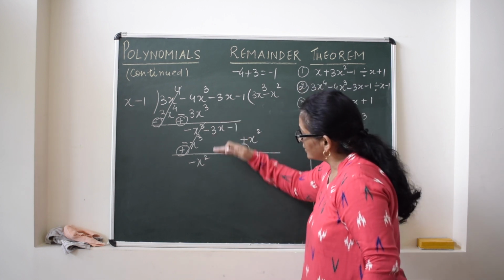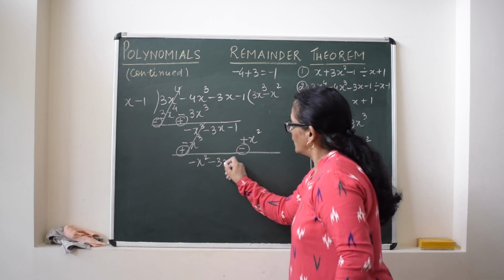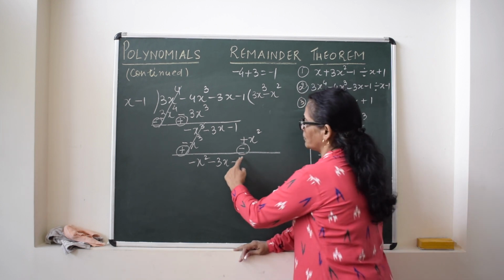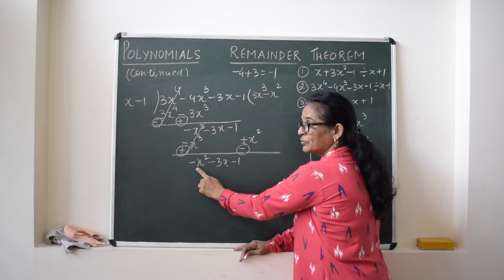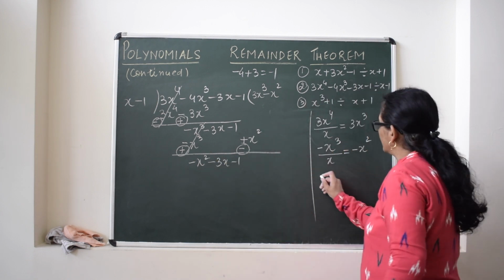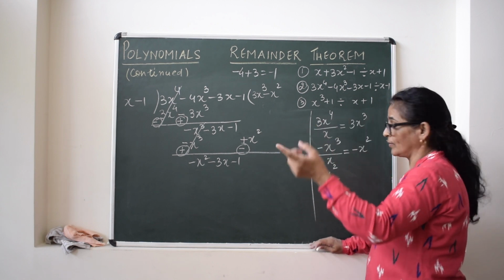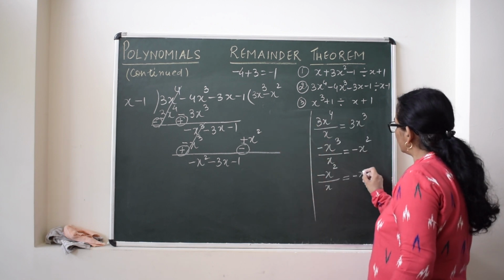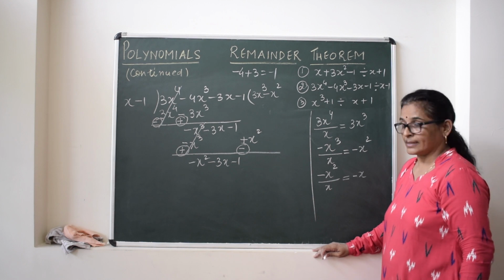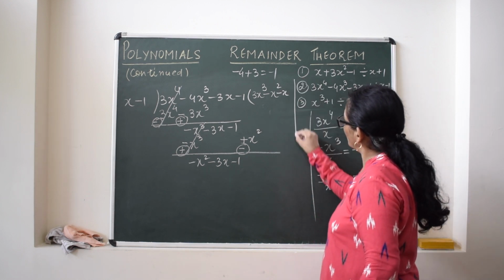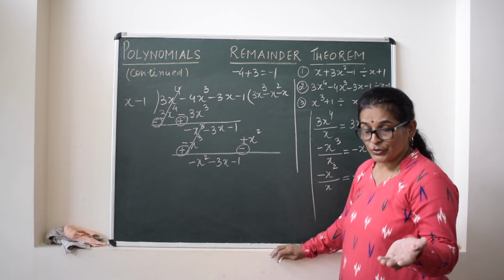These two terms as they are will come down, minus 3x minus 1. Now the new dividend is this, whose first term is minus x square. So that is to be divided by the first term of the divisor, which will give us minus x. This minus x will become the next term of the quotient.